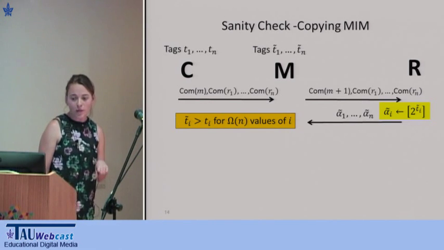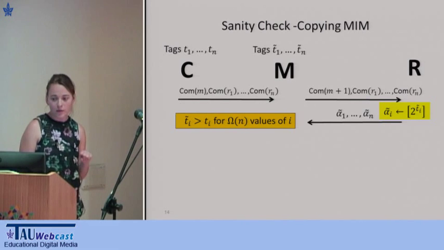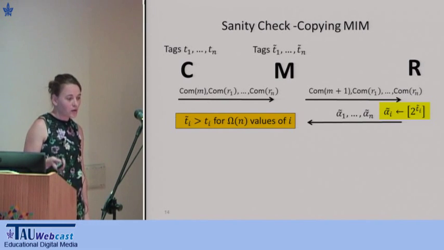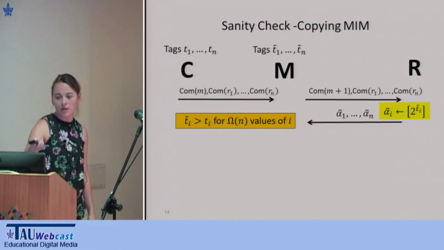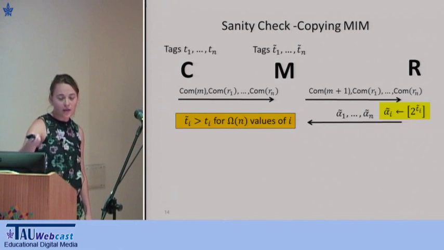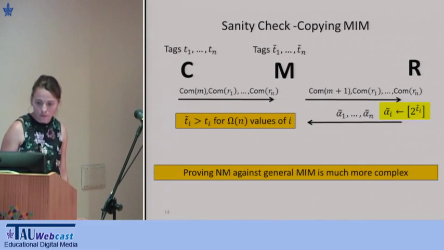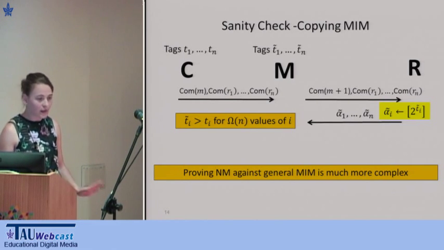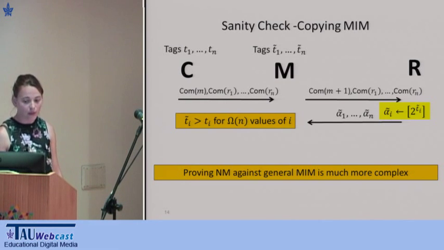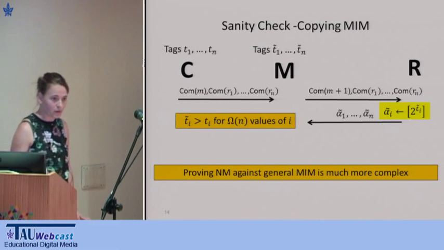It means that for each one of them, with probability at most half, he will be able to copy. So overall, the probability that he will be able to copy this challenge vector will be negligible. So against a man in the middle that copies everything, we can handle him. But in general, it is much more complex to do it.